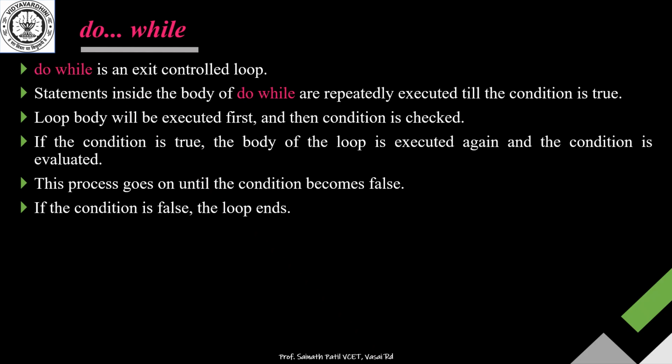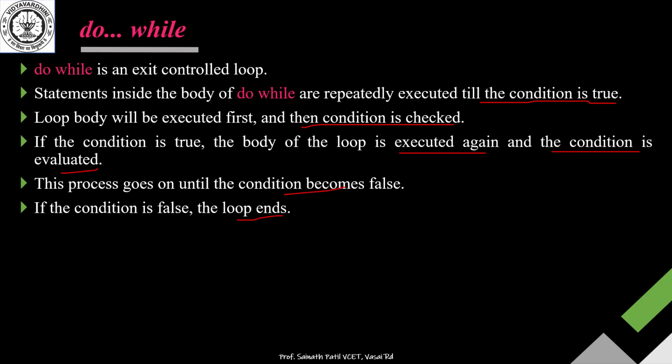Statements inside the body of do while are repeatedly executed as long as the condition is true, similar to while. The loop body will be executed first, and then the condition is checked, which is opposite to while, where the condition is checked first and, if it is true, the loop body is executed. If the condition is true, the body of the loop is executed again, and the condition is evaluated. This process goes on till the condition becomes false. If the condition is false, then the loop ends.